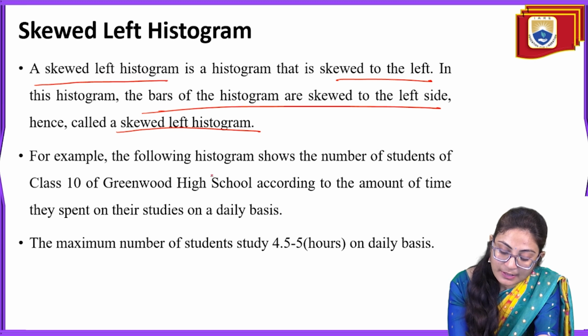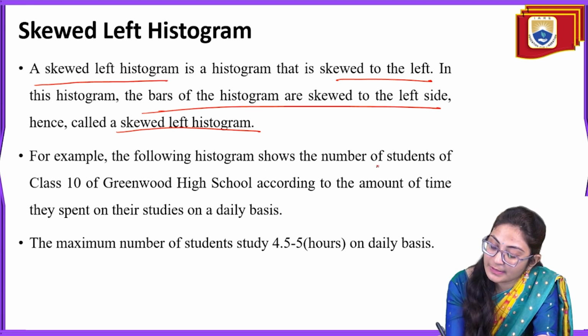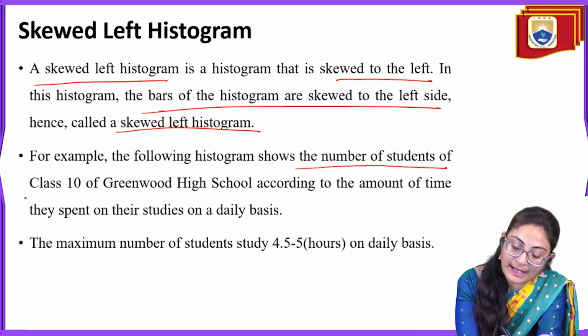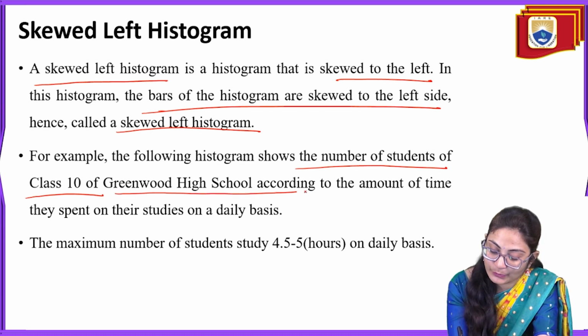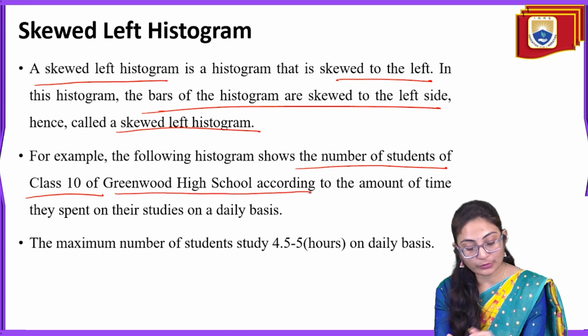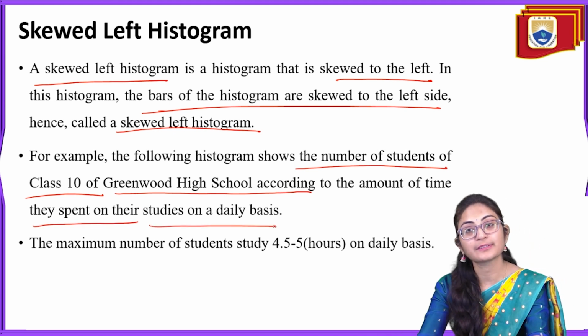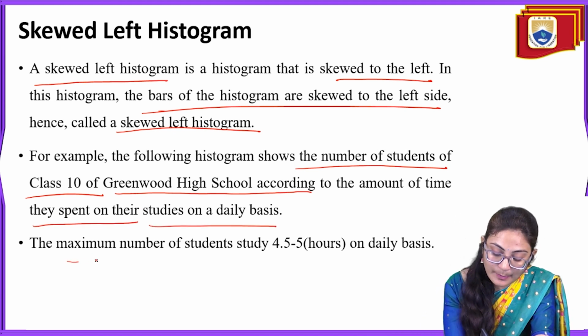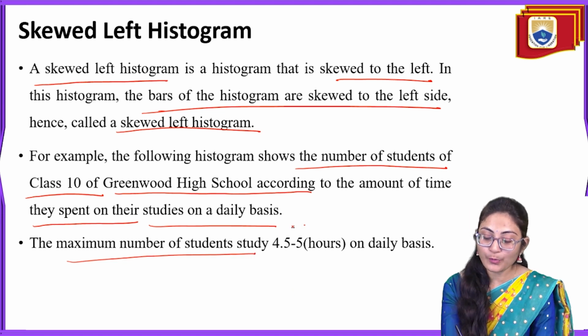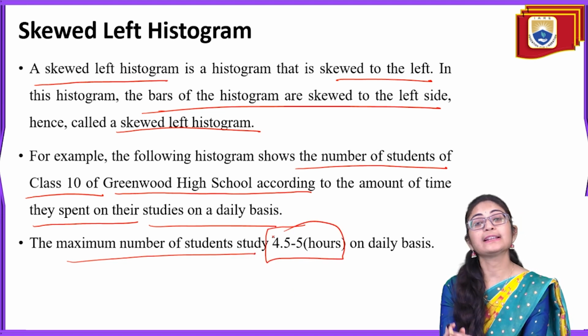For example, the following histogram shows the number of students of class 10 of Greenwood High School according to the amount of time they spend on their studies on a daily basis. The maximum number of students study 4.5 to 5 hours on a daily basis.